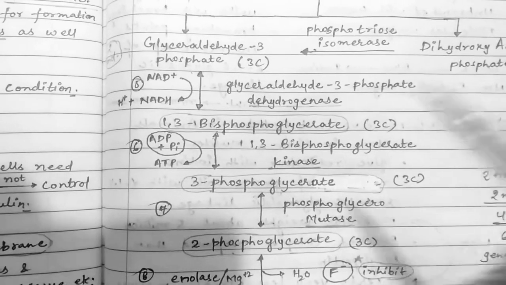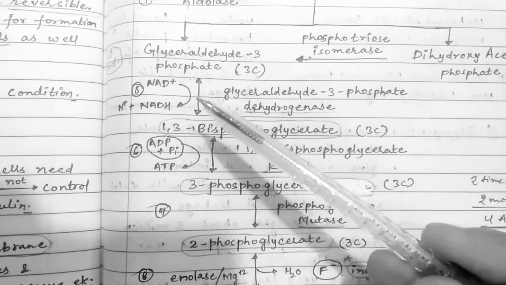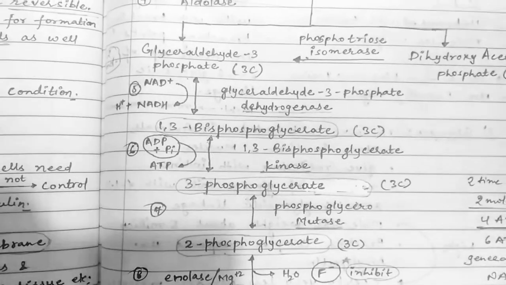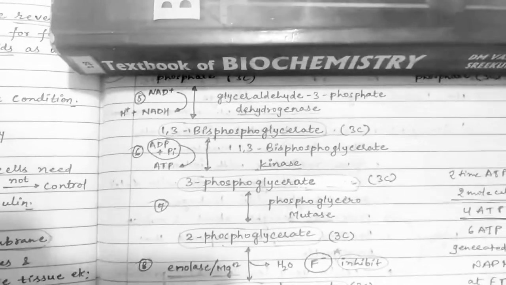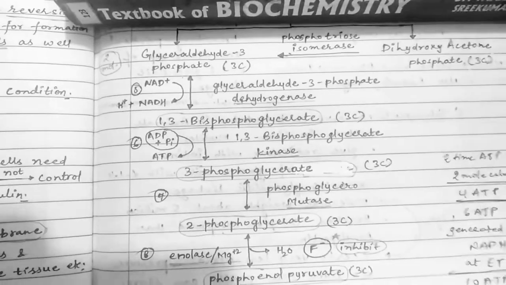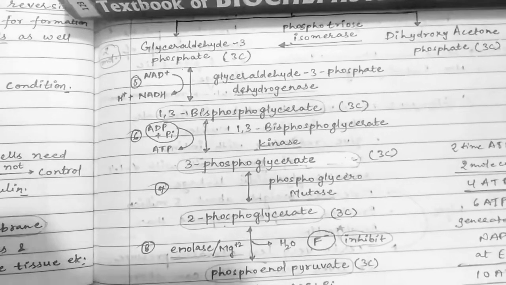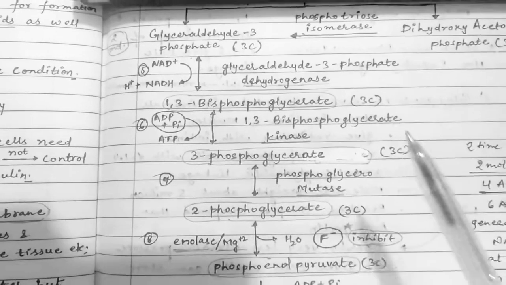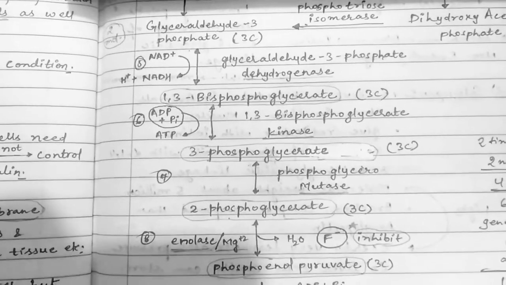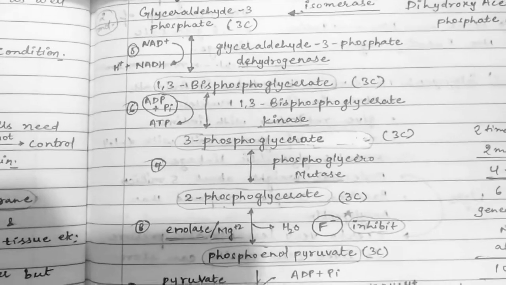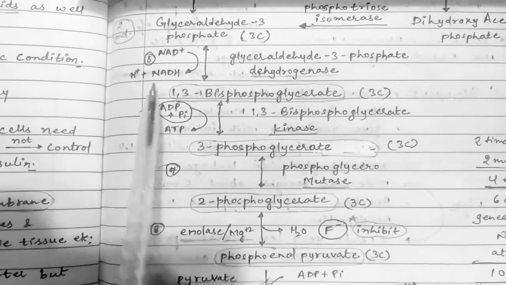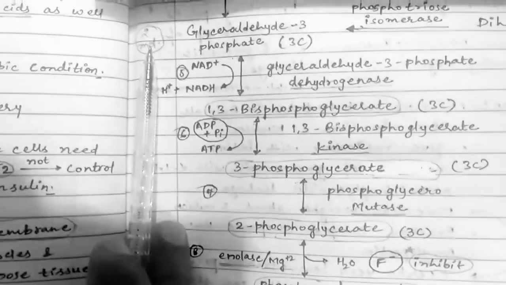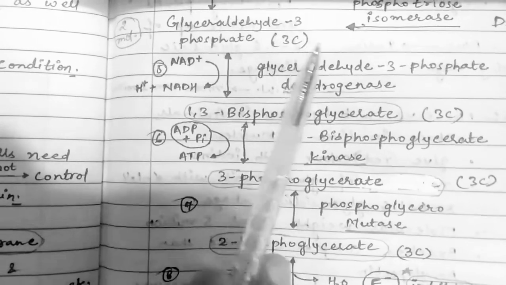You can see here step number 5. For step number 5 we will discuss this pathway one time, but you need to remember that after step number 4 the whole pathway will take place 2 times, because there are 2 molecules of glyceraldehyde 3 phosphate.